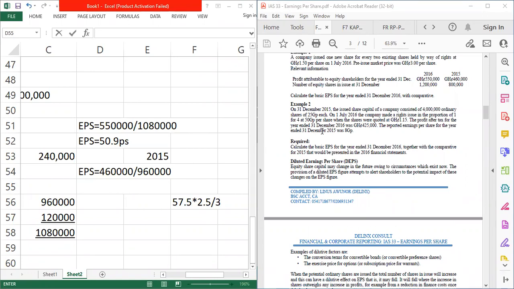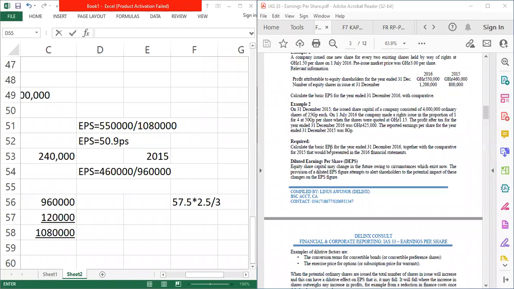The profit after tax for the year ended 31st December 2016 was 425,000. The reported earning per share for the year ended 31st December 2015 was 8 Ghana pesos. Calculate the basic earning per share for the year ended 31st December, together with comparative for 2015 that will be presented in the 2016 financial statement.